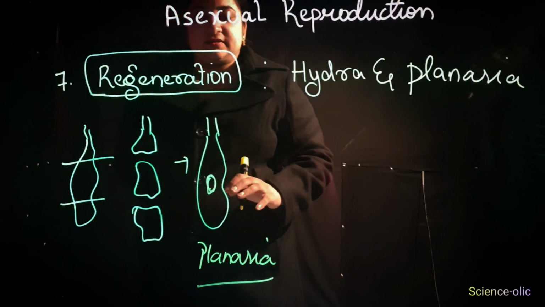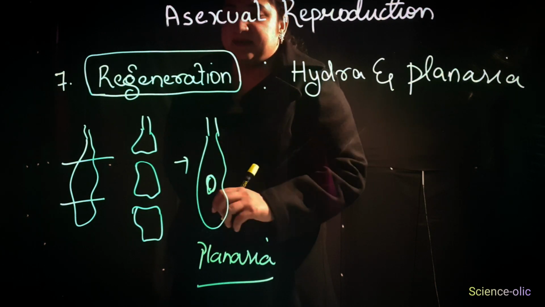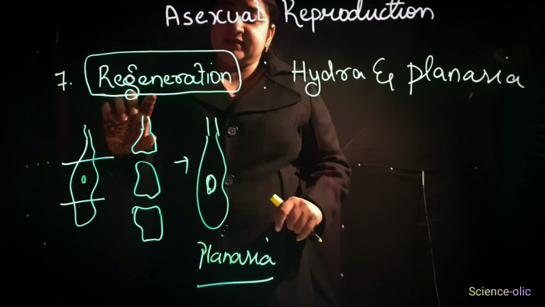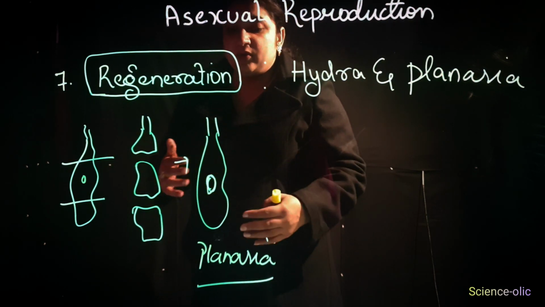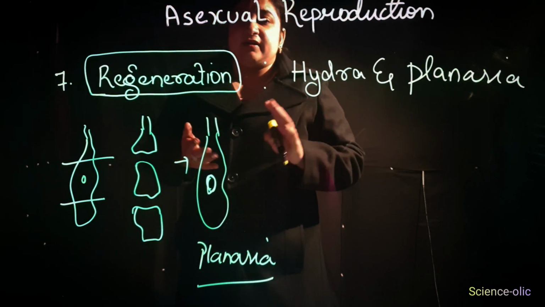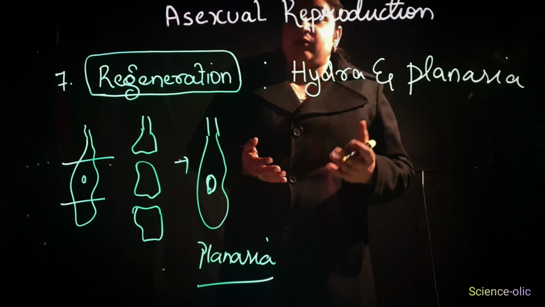This only occurs in the cells of smaller organisms. How does this occur? Because it contains cells which can change their form and grow into different parts. It does not occur in higher organisms. If our heart stops, we will die.